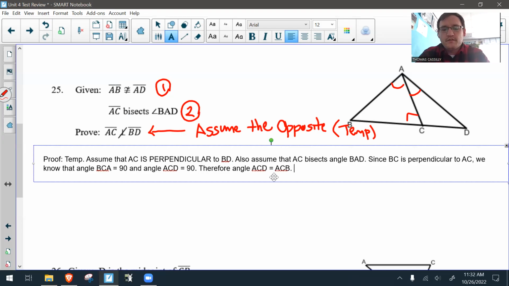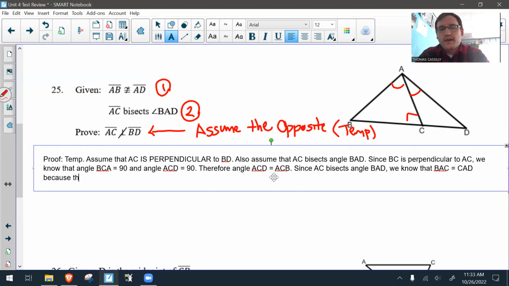So since AC bisects angle BAD, we know that BAC is congruent to CAD, because that is the definition of bisect.